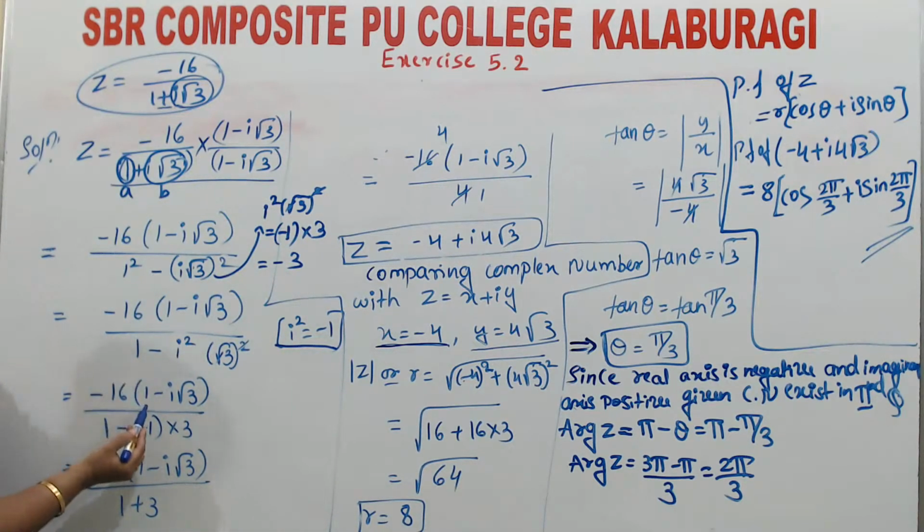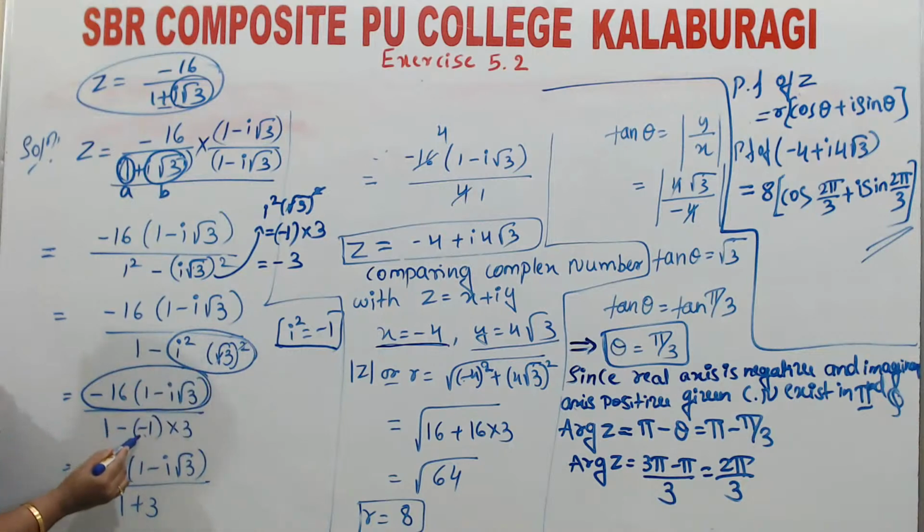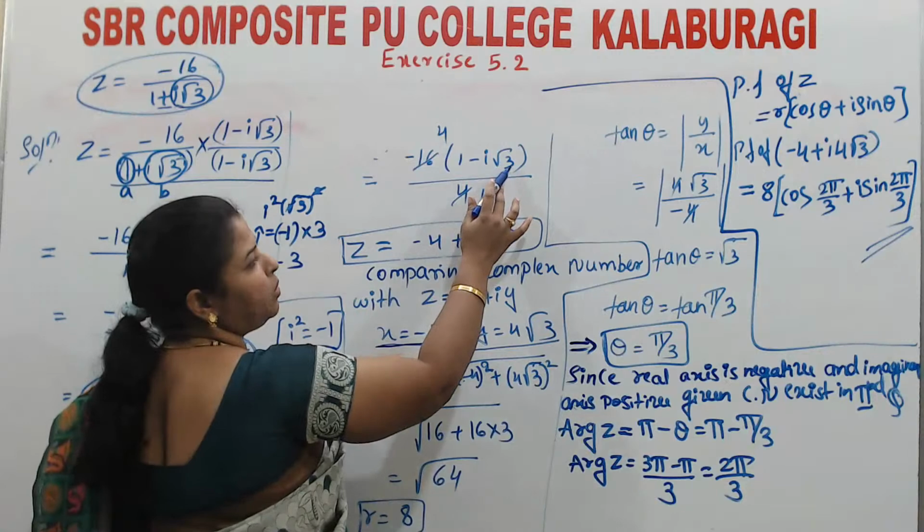See here, the numerator is as it is. The denominator, if we solve this, we got i square value as minus 1 into 3. In the denominator, this minus becomes plus. Therefore, 1 plus 3, numerator as it is. 1 plus 3 is nothing but 4, right? Minus 16, 1 minus i into root 3.